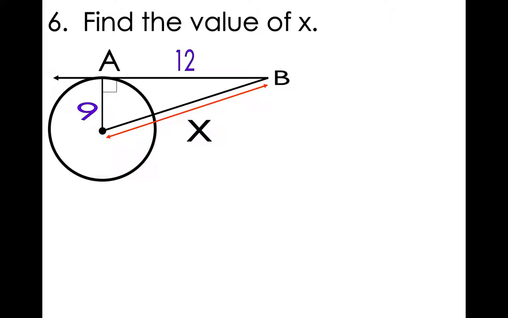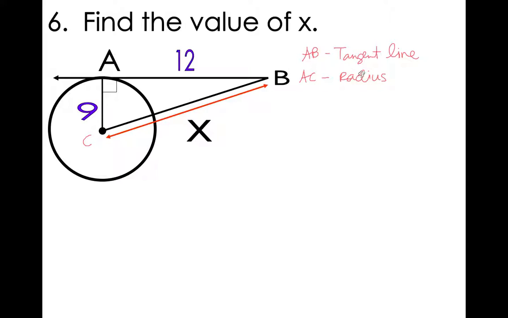So if we notice right here, what we're saying is that we have a tangent line. So we can say AB is tangent. It's a tangent line. Let's just call this circle C. We can say AC is a radius.